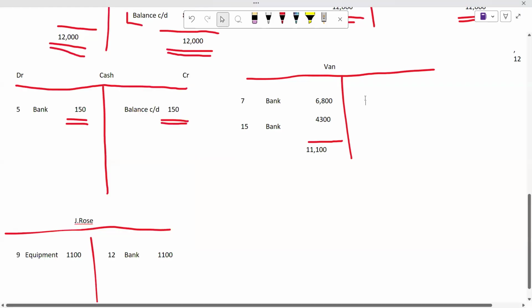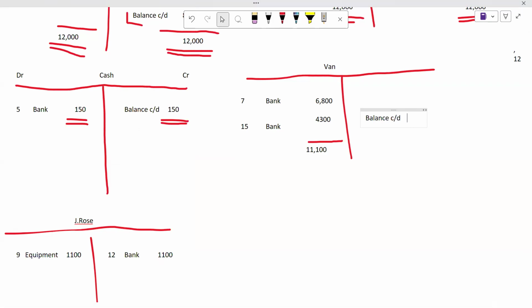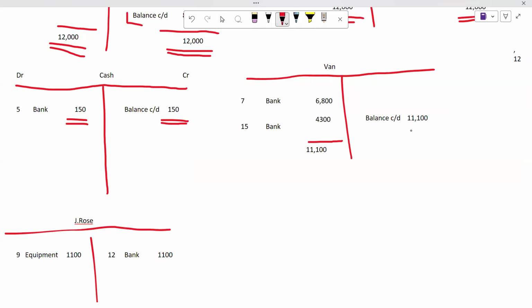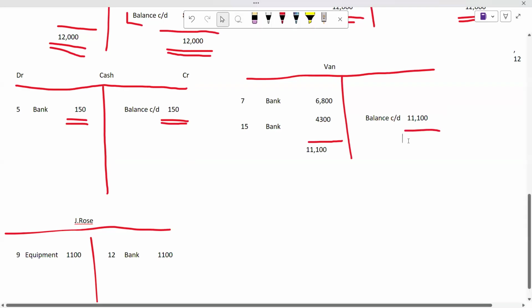And this is going to be the balance carried down here, balance carry down 11,100, which is equal to the sum here, right?